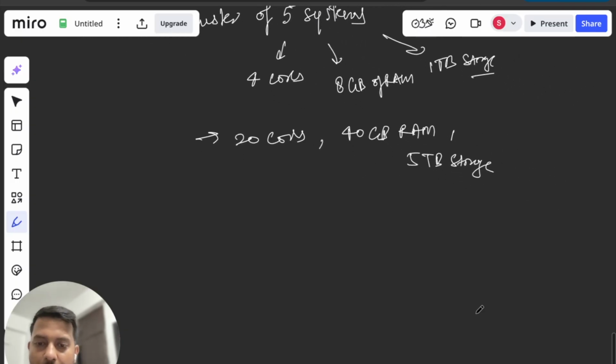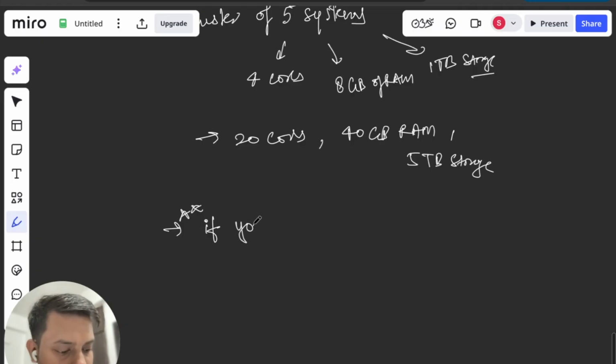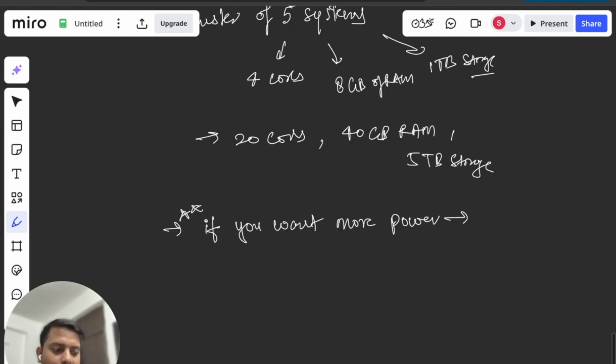So the concept here is, if you want more power, you just add more nodes. That was actually the limitation of monolithic, but here you don't have that limitation. Just try to understand the concept I told you in monolithic; it is just the opposite of distributed systems.